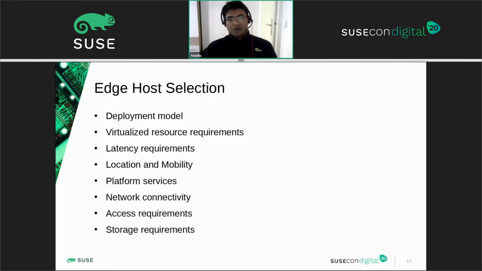And there are platform services: what kind of architecture support should be available, and whether the operating systems need to be enhanced to provide the kind of services and applications that you want to run.